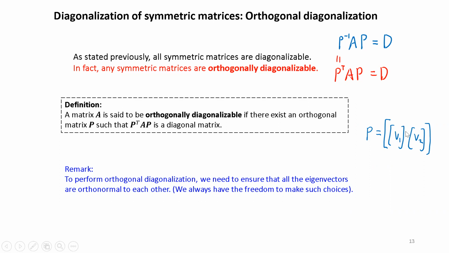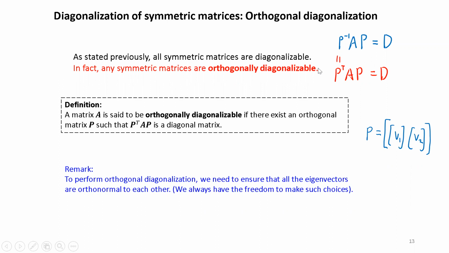If you pick V1 and V2 to be orthonormal sets, then you will be able to satisfy P inverse equals P transpose. But sometimes it depends on how you choose it, so then P inverse may not equal P transpose.